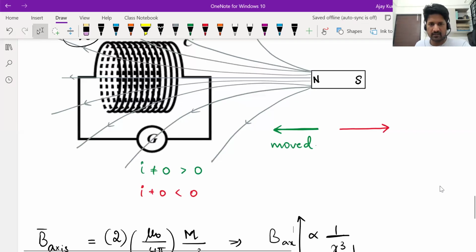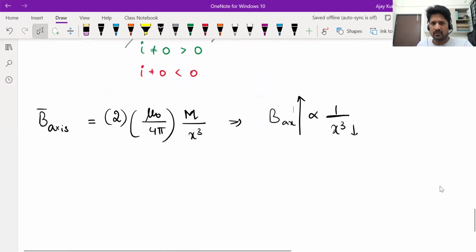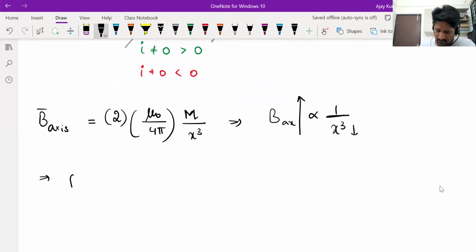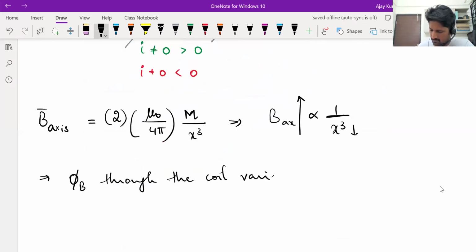That's what Faraday did. So area is not disturbed, field is changed. And if the field changes, then the magnetic flux through the coil varies. Faraday concluded that this is what is producing the current. He verified it thoroughly and concluded that this is what produces current in the coil.